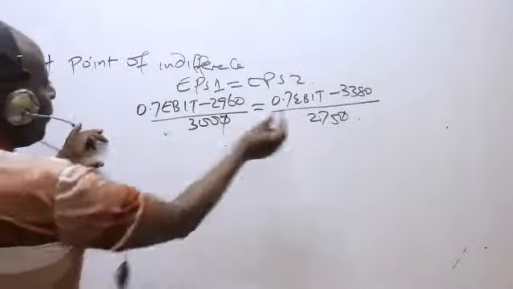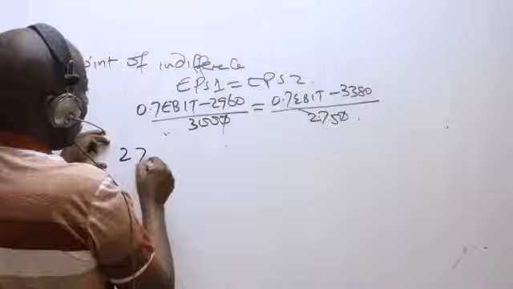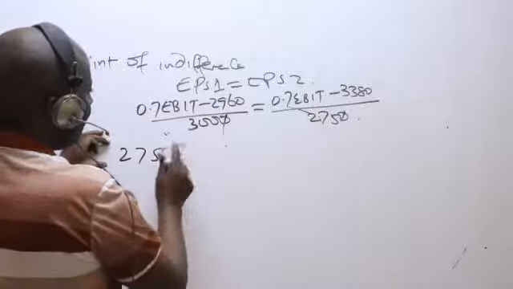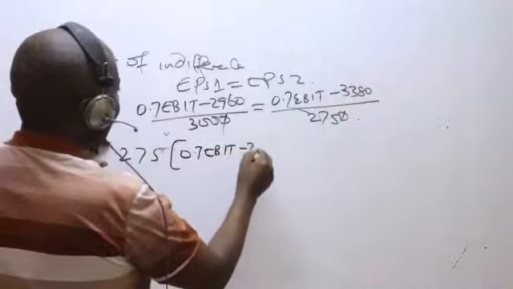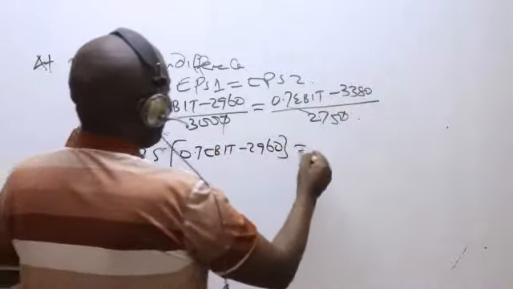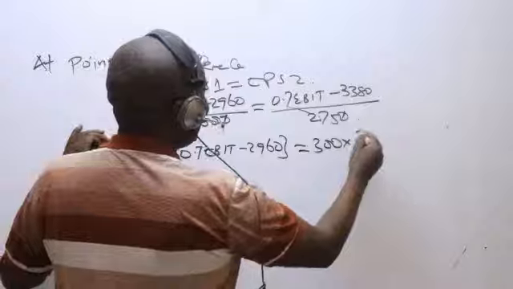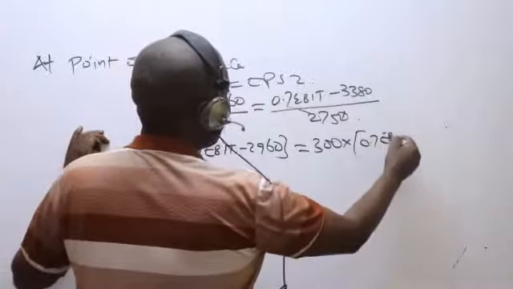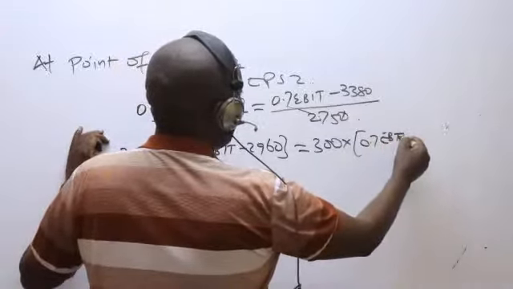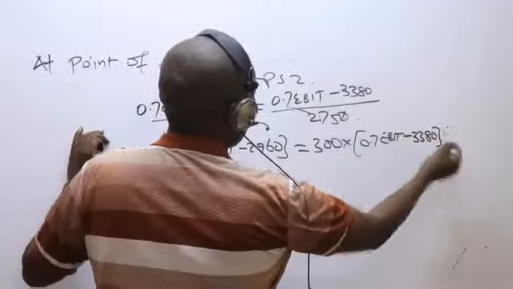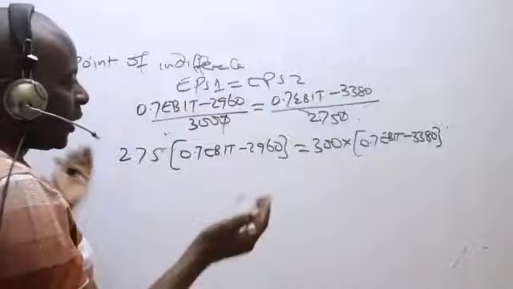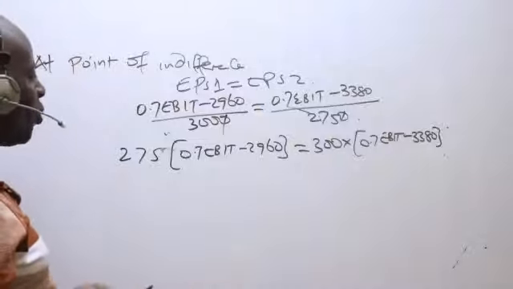So if I cross multiply, this will be 275 into 0.7 EBIT minus 2960 equals 300 times 0.7 EBIT minus 380. You can have others without canceling those zeros and then compare answers. Could you kindly do me a favor?